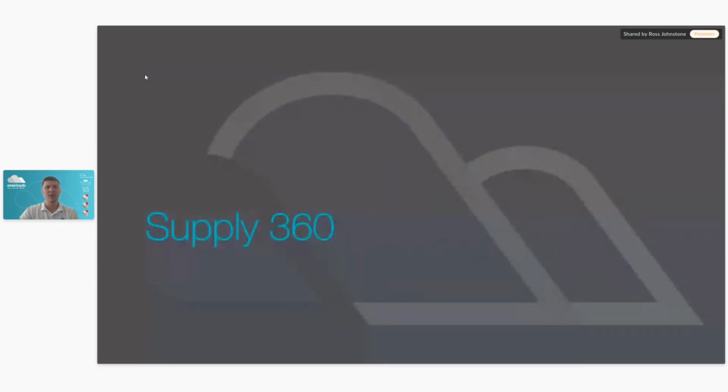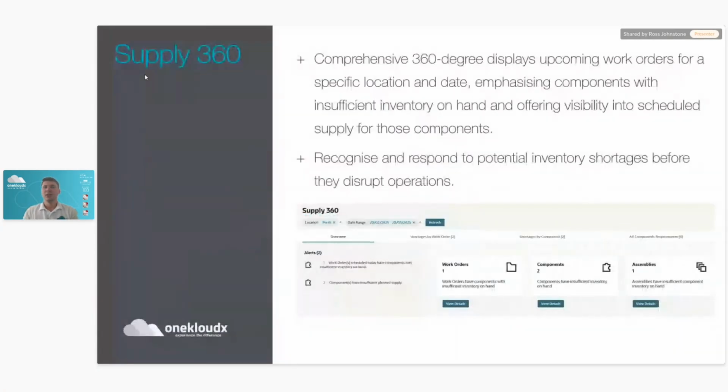So moving on, next up we have got our Supply 360 dashboard. Now, Supply 360 provides that comprehensive 360-degree display of all of your upcoming work orders across a specific location and date range.